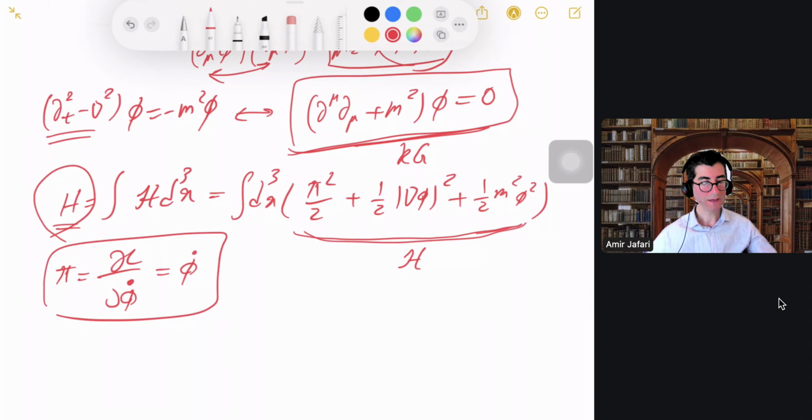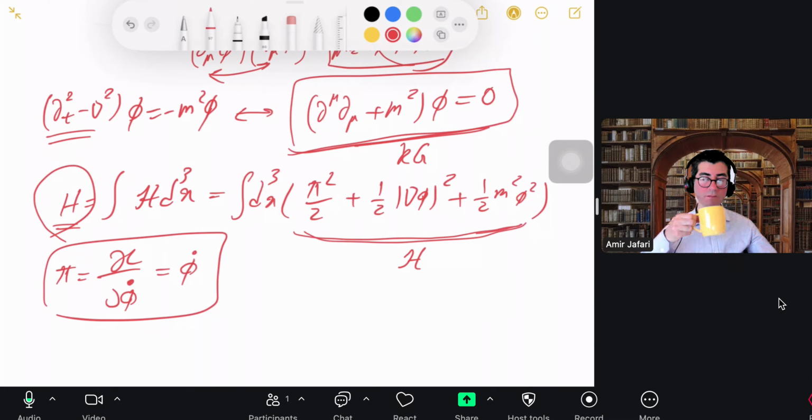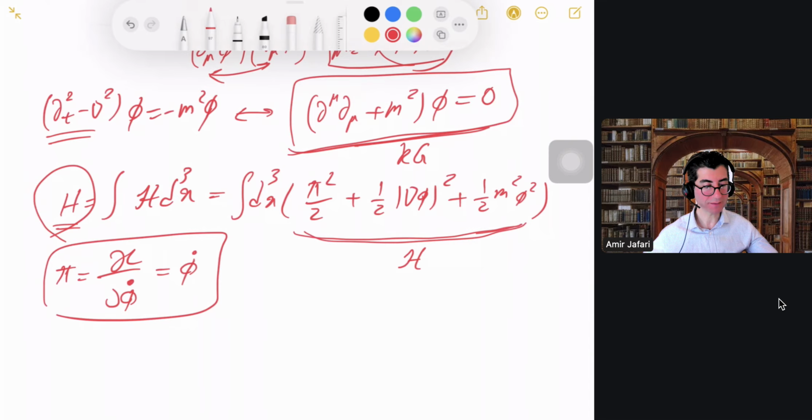Right. Now, one important point here. There was a question actually last time, and it's a good question. Because we are working in a relativistic theory now, it's kind of odd that we define momentum in this way.